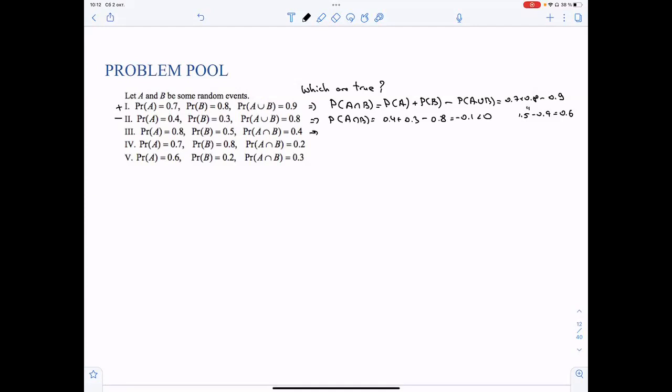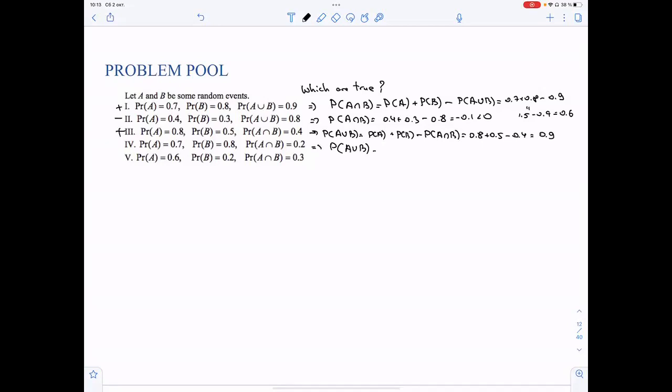Then I look to evaluate the probability of union. That is a marginal probability of A plus a marginal probability of B minus a probability of their intersection. And we have 0.8 plus 0.5 minus 0.4. So it's 0.9. Yeah, that's possible. How about the last one? Well, the last one, oh no, the fourth one, sorry.